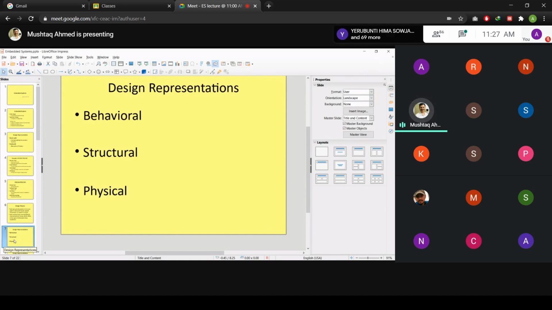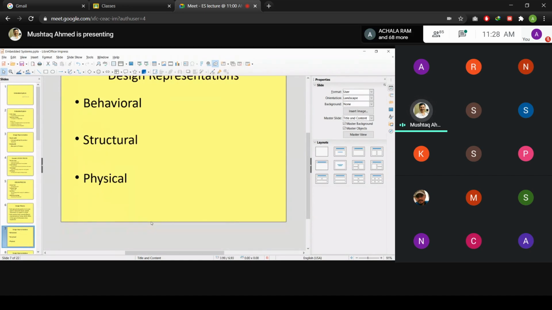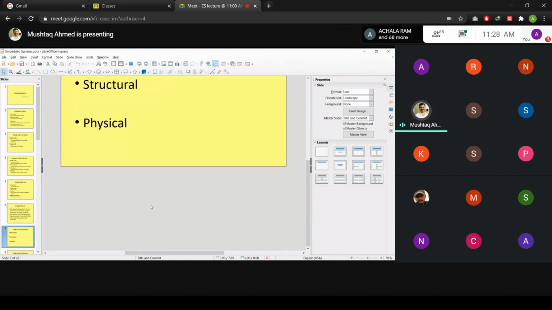Another is the structural part, where we talk about the internal components of the black box, how many different components there would be, how they would function, and how to interface these different types of components. And third is the physical one, where the physical implementation of that device would be made.